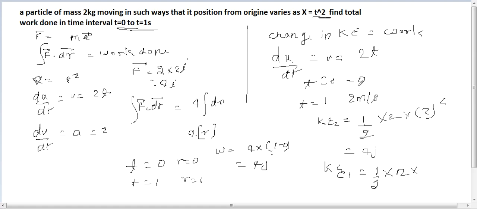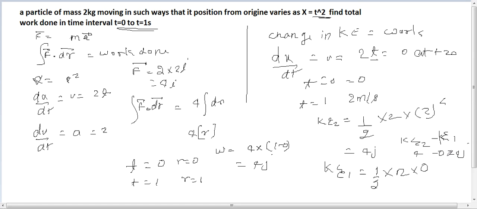Here look at this, velocity is 2t, so at time t is equal to 0 this becomes 0. So initial kinetic energy is 0. So what is the change in kinetic energy? Change in kinetic energy is basically Ke2 minus Ke1, that will be 4 minus 0, that will be the 4 joule. So this will be the change in kinetic energy.